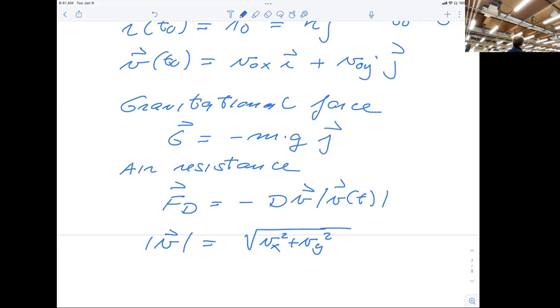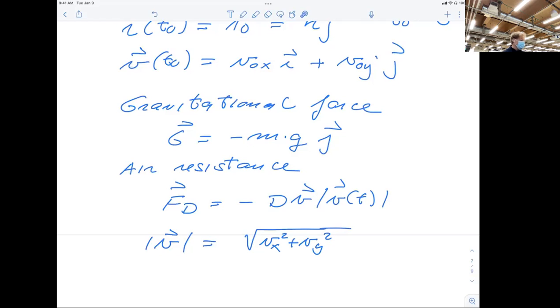This is the way you would set up the system. But in this exercise, we are just going to set the system so that it's falling in the y direction only. If you want to solve this in the x and the y direction, it doesn't have an analytical solution. The reason is this term here, because Vx and Vy are connected.